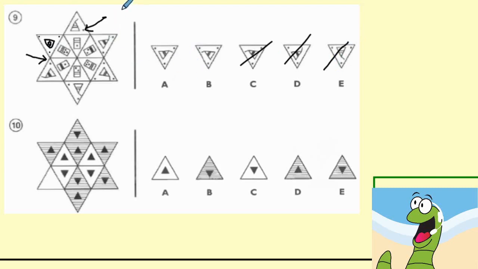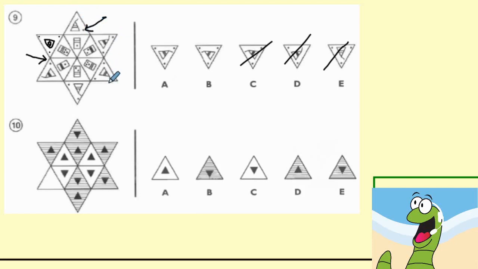Now, if you notice, for each triangle, it's got a little extra line just at the top here. Okay? And the little line here means an anti-clockwise pointing.